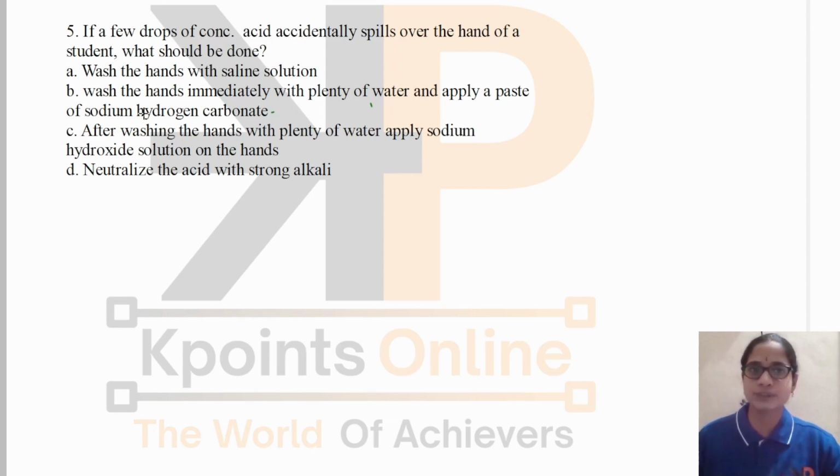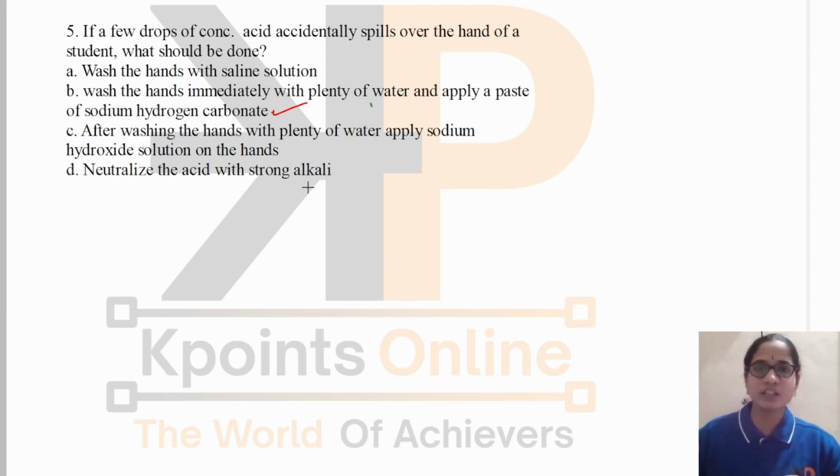So our correct option is to wash the hands immediately with plenty of water and apply a paste of sodium hydrogen carbonate. Why? Because sodium hydrogen carbonate is a basic salt. So after applying this, we will get relief. We should never apply sodium hydroxide solution on our hands as it is highly corrosive. And also we should not neutralize the acid with strong alkali as they are corrosive in nature. It will affect our skin.